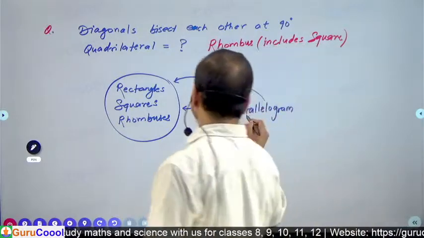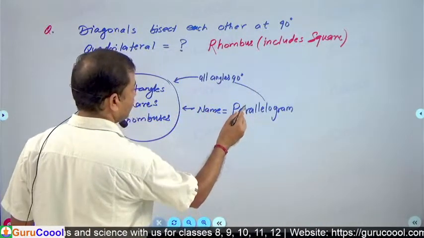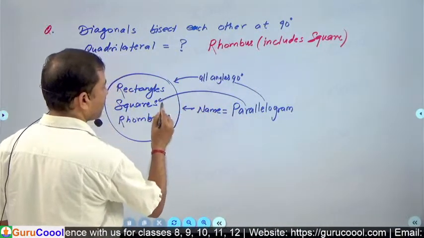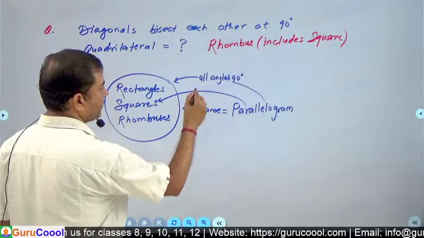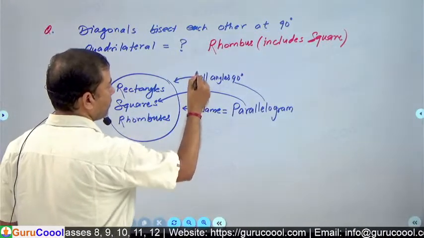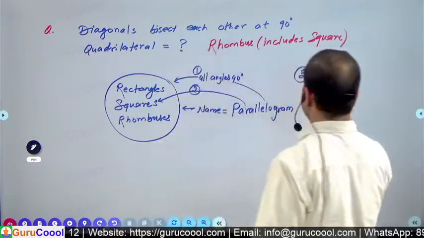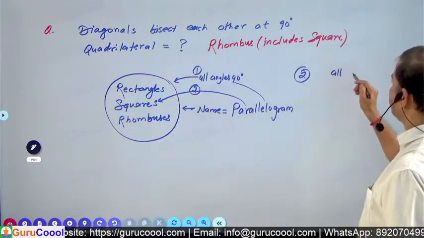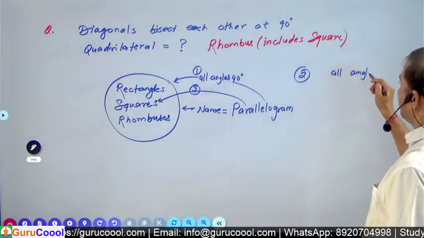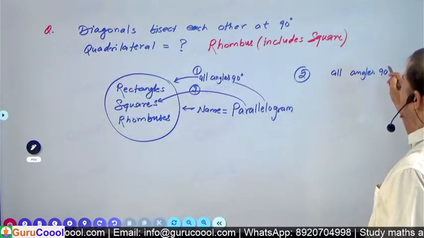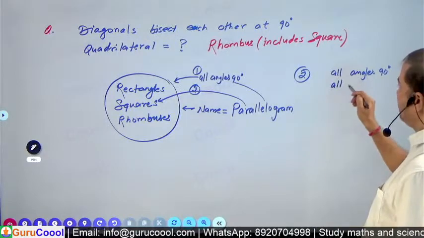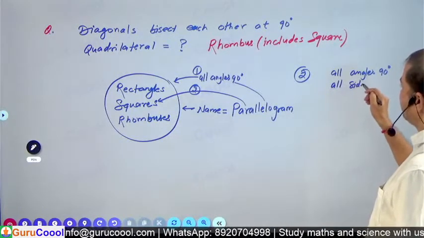You said it will become a square. This is number 2. This was number 1. So for number 2, you said all angles 90 degree and all sides equal, right? Yes, sir.